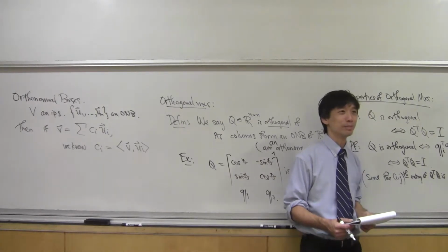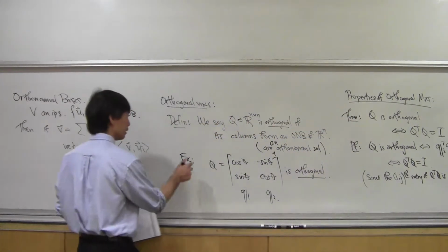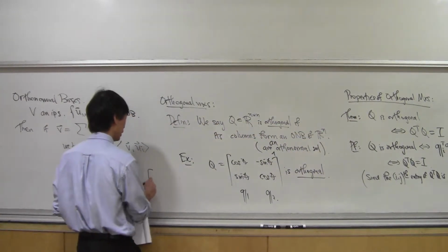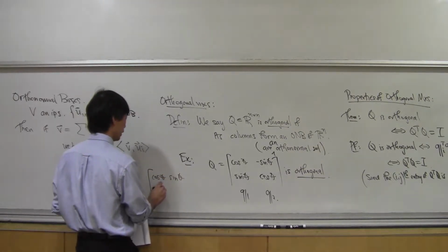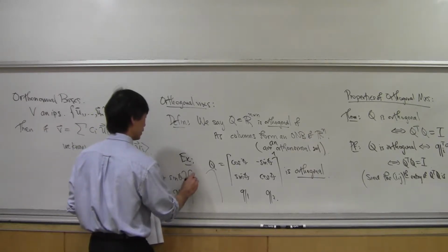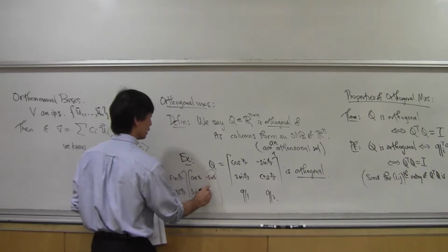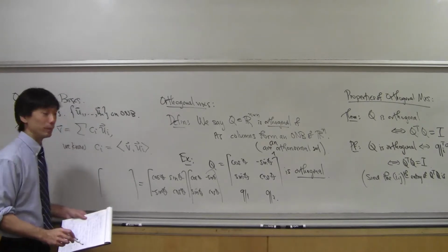Can you maybe draw that? Yeah. Let's use this one. Okay, so we've got QT: cosine, sine, negative sine, cosine, and Q: cosine, sine, negative sine, cosine. Let's think about what we get here.